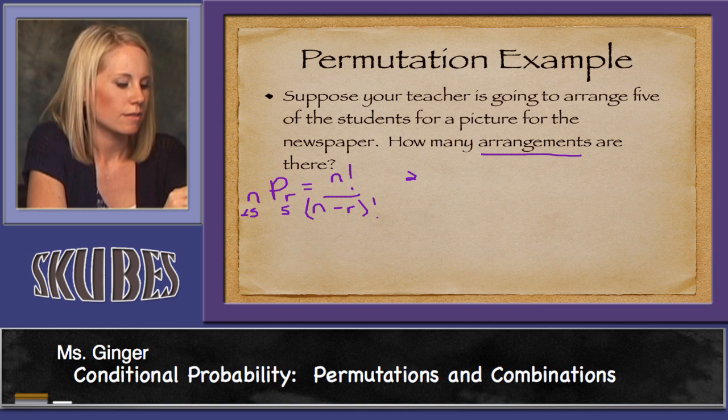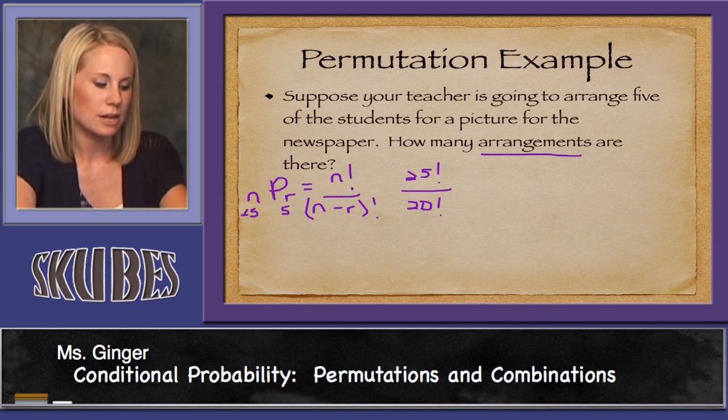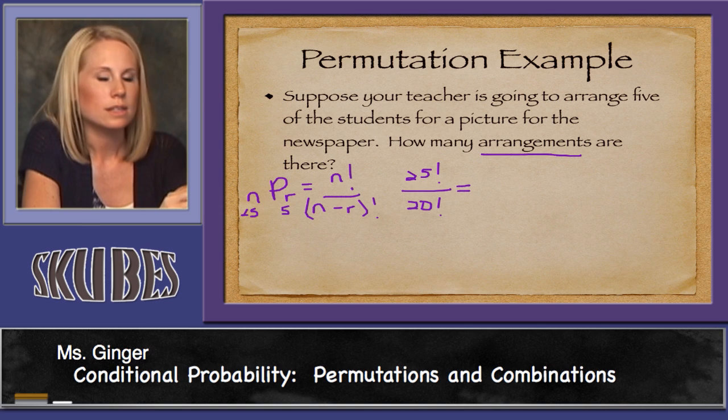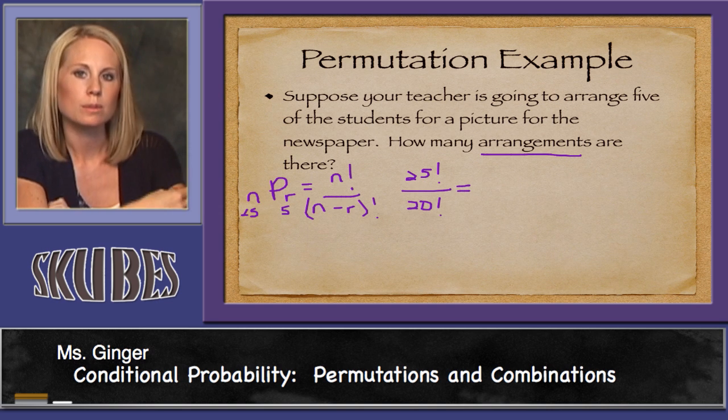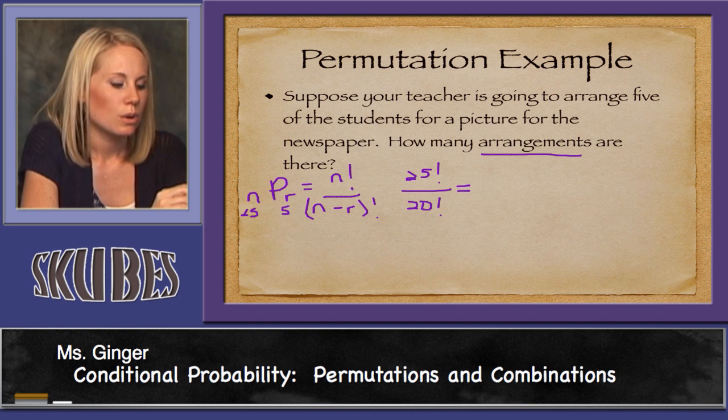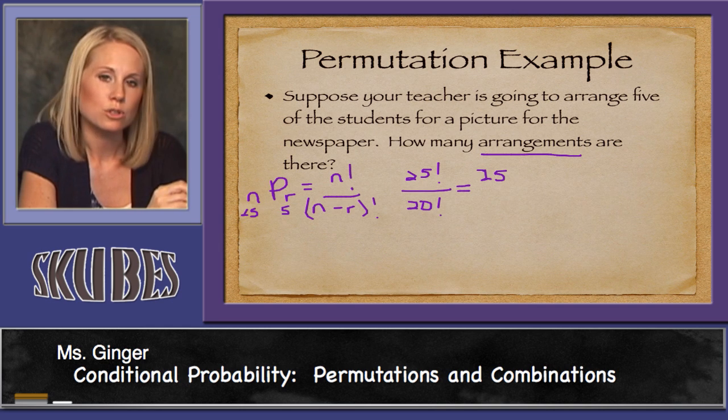So 25 factorial again over, I'm just going to go ahead and take 25 minus 5 for the denominator. And remember that when you're dealing with this factorial command, it's going to take 25 times 24 times 23 times 22 and so on down to 1. So if you think about it, I'm going to come upon a point where I get to 20.